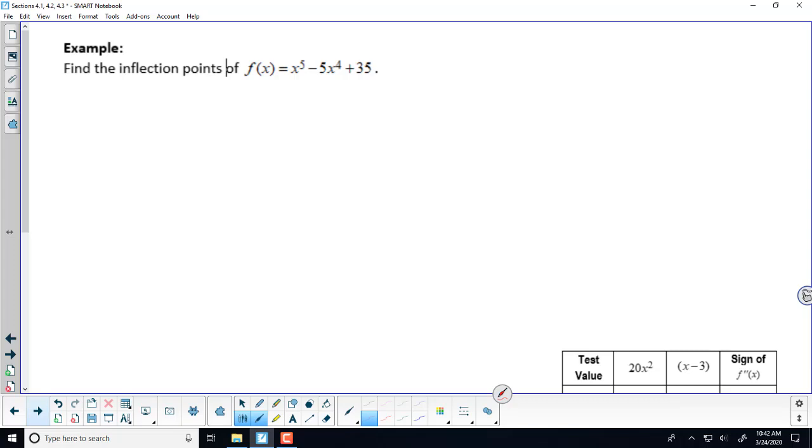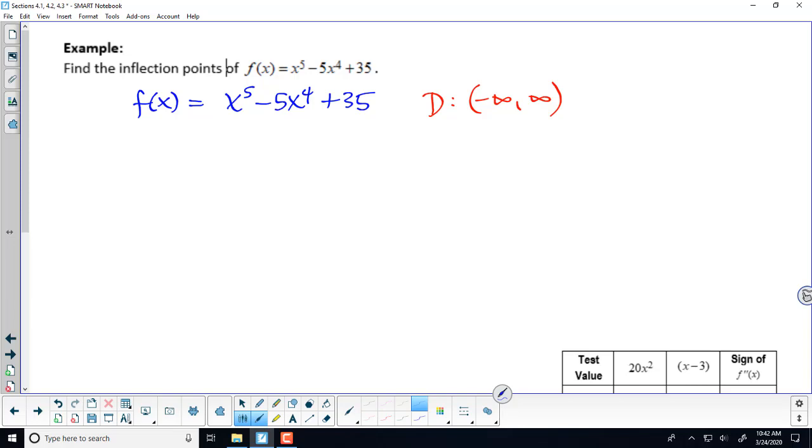All right, here's a function. Let's talk about the domain. The function is x to the 5th minus 5x to the 4th plus 35. It's a polynomial, so the domain is all real numbers, no concerns there.